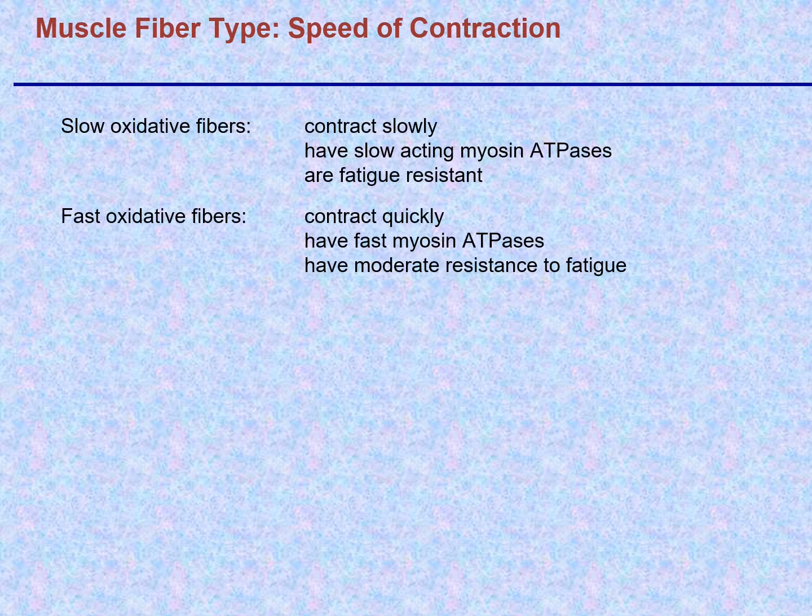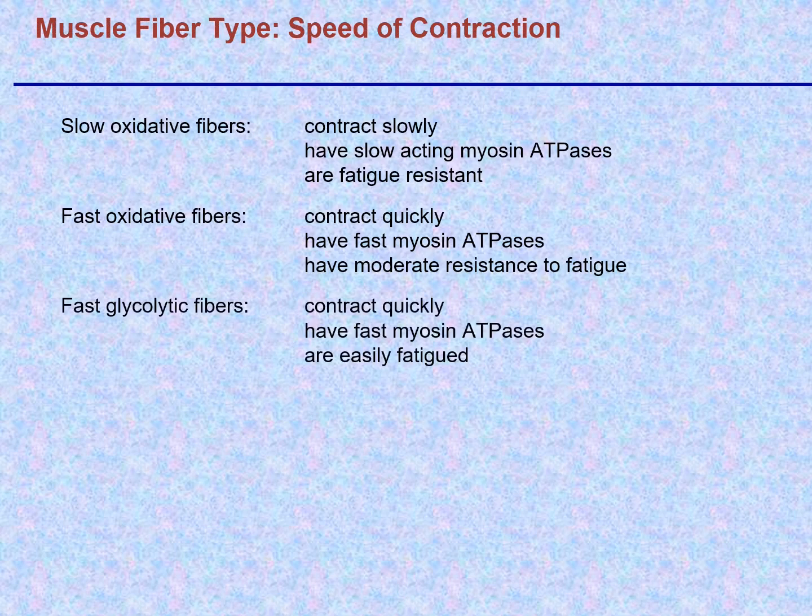The slow oxidative fibers will contract relatively slower, because they have a slower acting ATPase associated with myosin. It's a myosin ATPase. Remember, the ATPase is what's going to make available the energy that's in the ATP molecule.